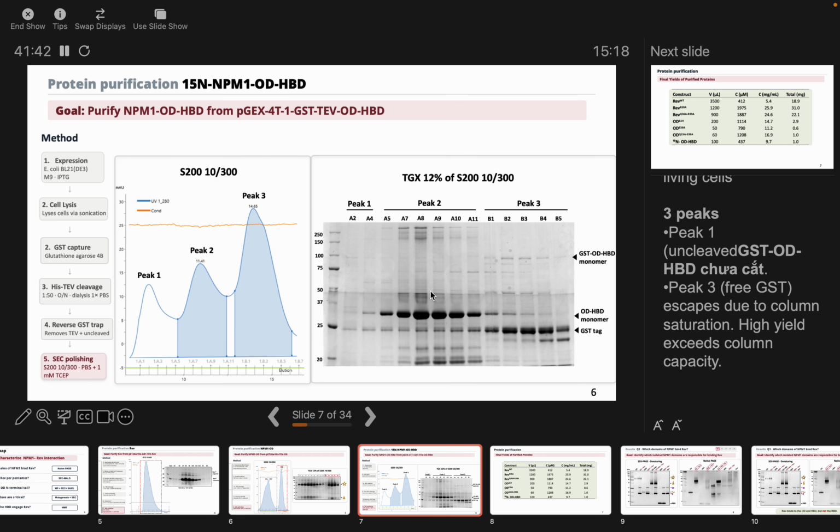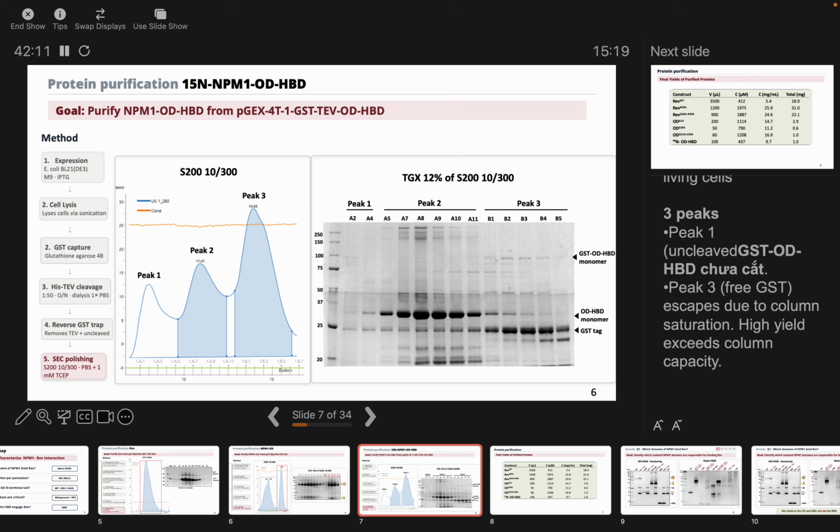Because with Coomassie blue, it also depends on the amino acids of the protein. This ODHBD contains the HBD, which is a basic protein domain.